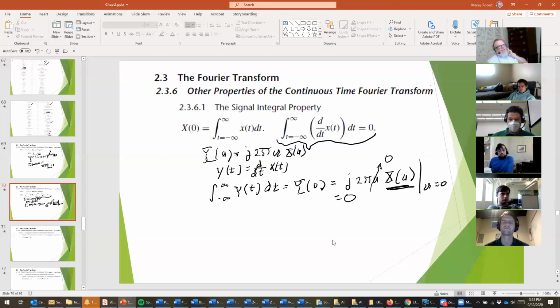So the derivative of any finite energy function has the interesting property that the integral from minus infinity to infinity of the derivative is always equal to 0. Kind of an interesting result, right? A little bit unexpected, I would say, especially if you haven't seen it before. So that's the signal integral property and one of its interesting manifestations here.